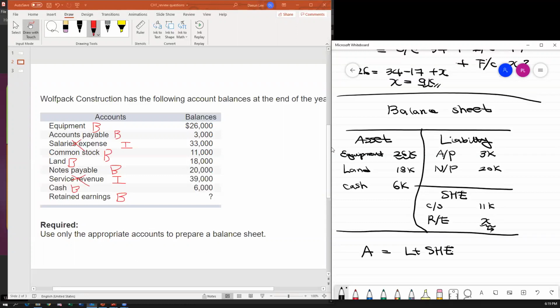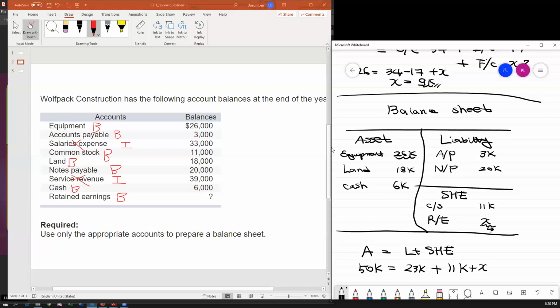So we have 26K, 18K, 6K for assets. That totals to 50K. So that's 50K of assets reported for that particular company, which equals liability, we have $23,000, plus $11,000 plus X amount.